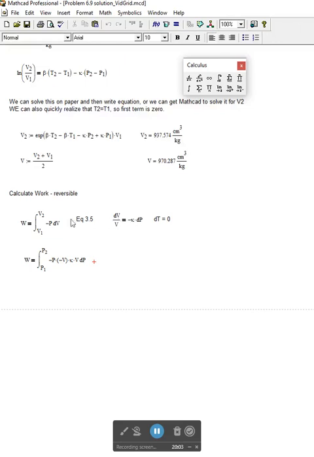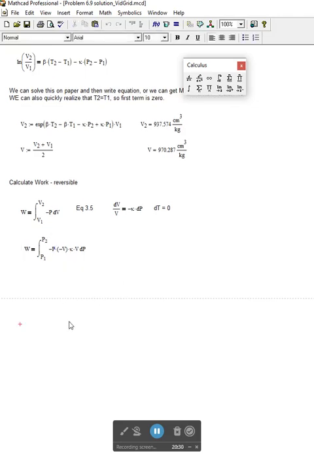The most convenient way is to realize I need something for dV. I've got this equation for dV. I just multiply through, move the V over there, and wherever I see a dV, I just put in what this is. The minus P comes through here, and the minus P times the minus, the two minuses will cancel each other out.